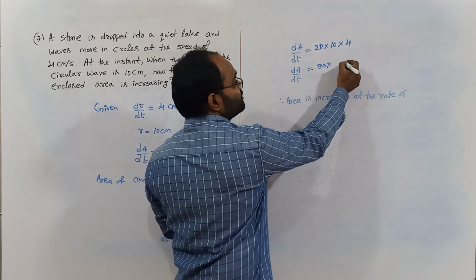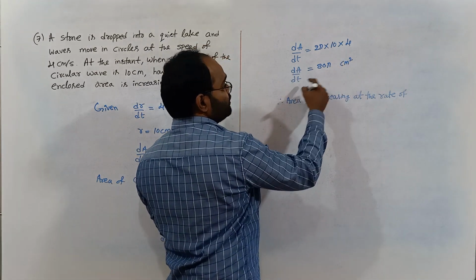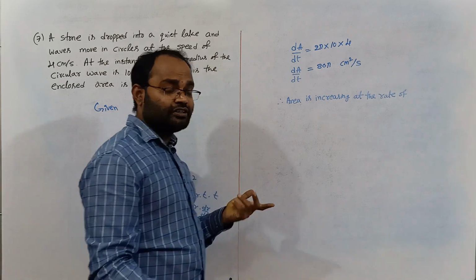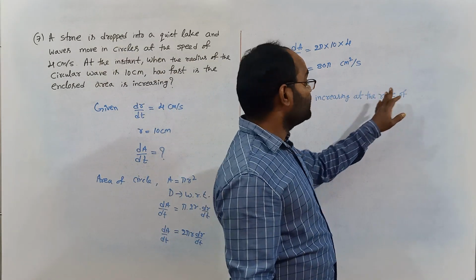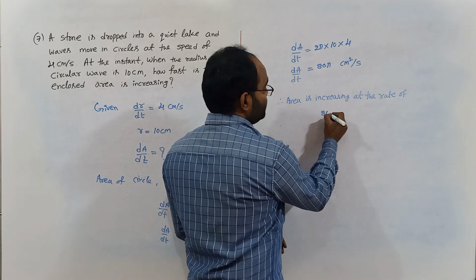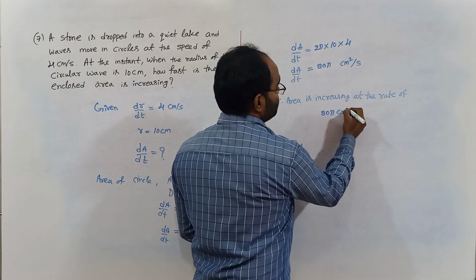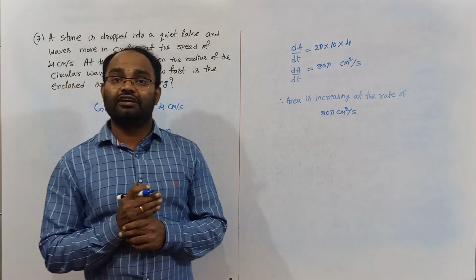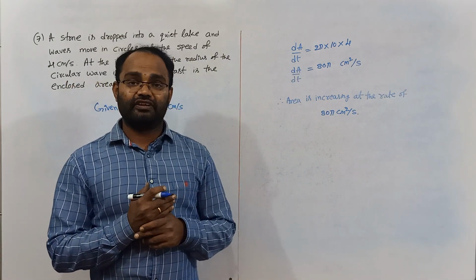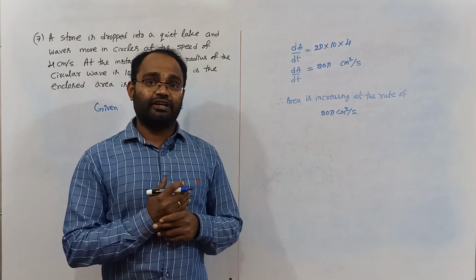What is the area unit? Centimeter square. Time unit they have given is second. Therefore the area of the circular wave is increasing at the rate of 80 pi centimeter square per second. That is the rate of increase of the area of the circular wave.